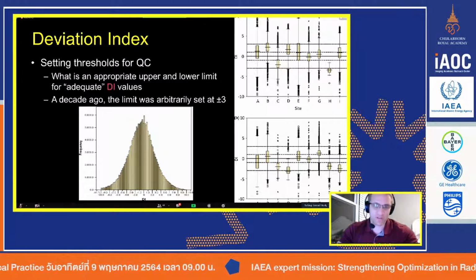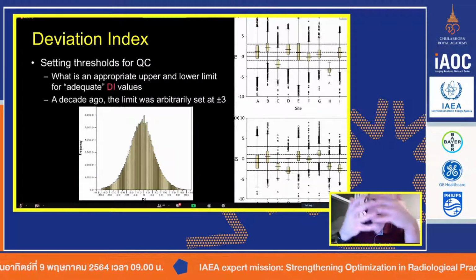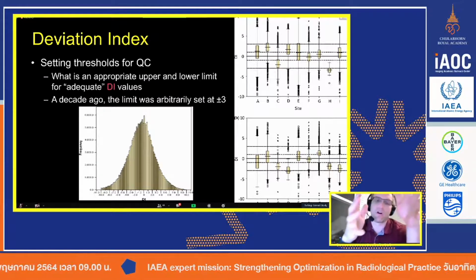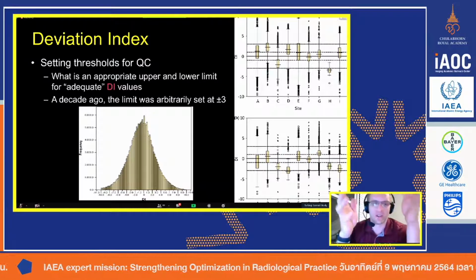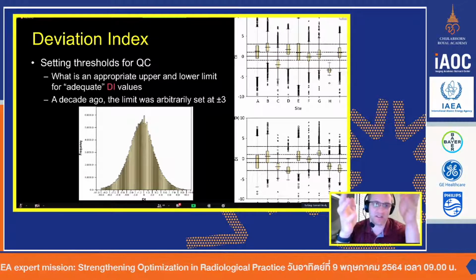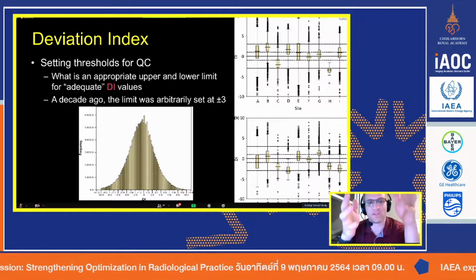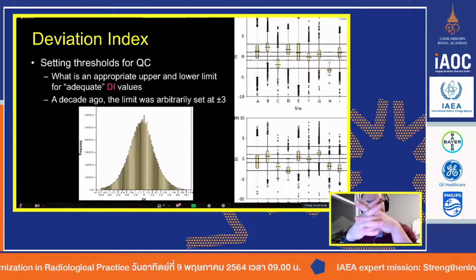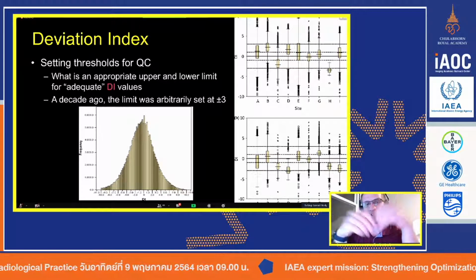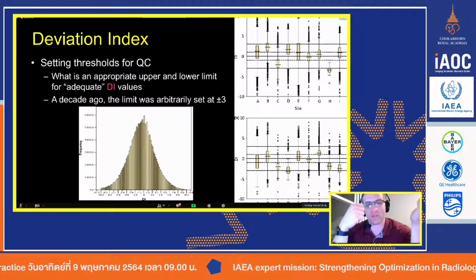And what we also did is we took those images, not all of them. No radiologist would sign on for that, but we looked at hundreds of images, thousands actually, not tens of thousands, but thousands of images. The radiologists looked at them across all of the DI values, and they basically scored them saying good, bad, or ugly.